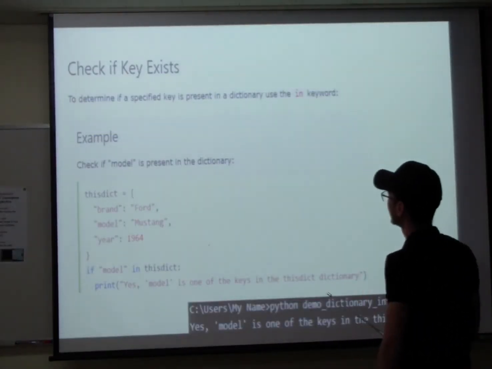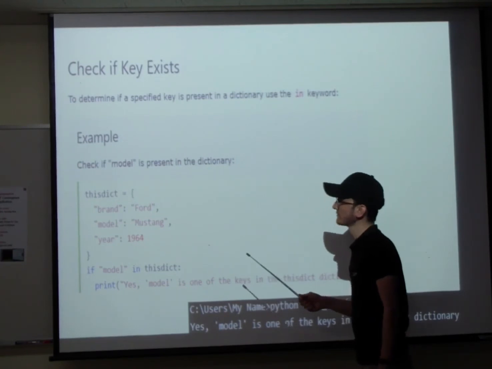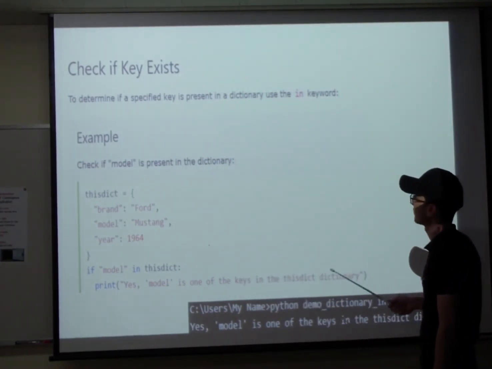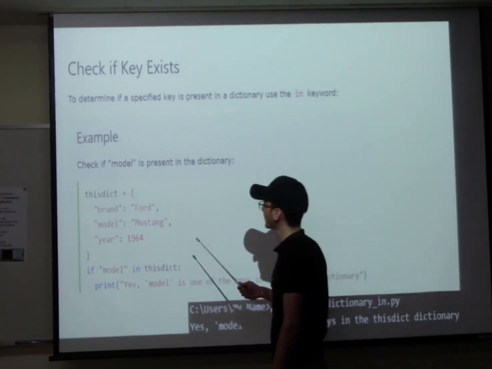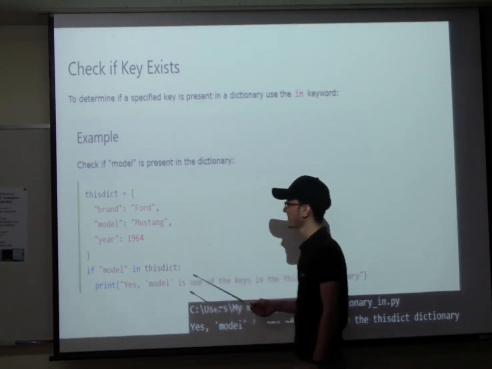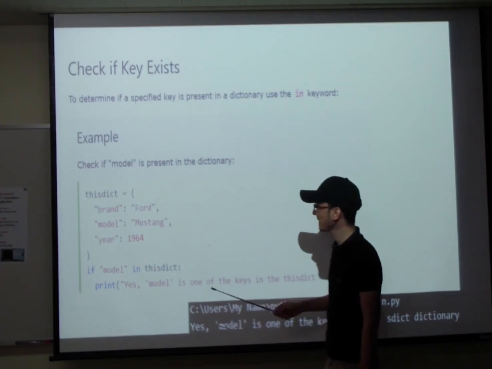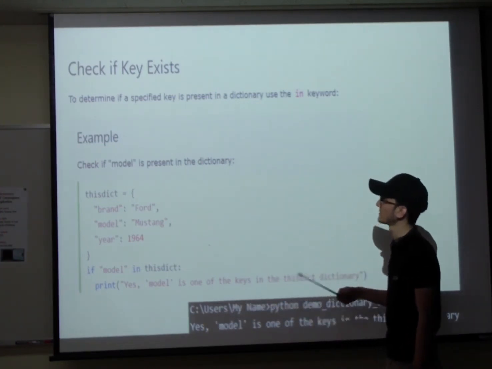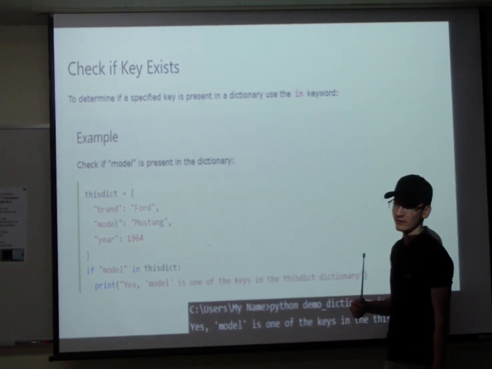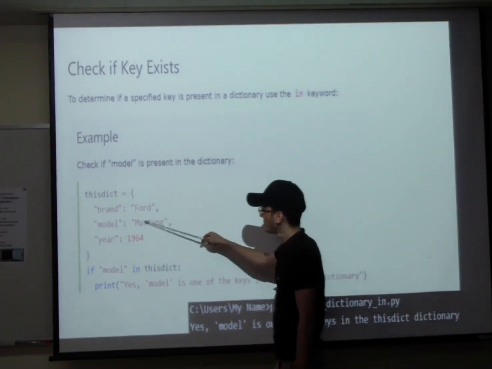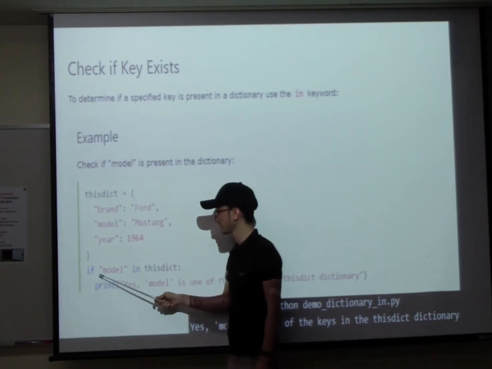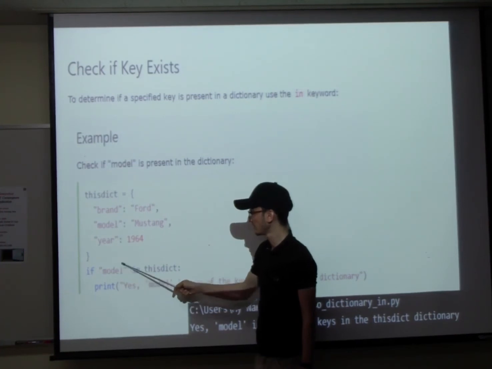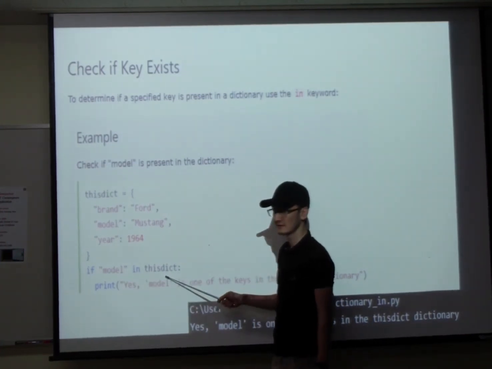So, check if the key exists. To determine if the specified key is present in the dictionary, use the in keyword. Example: check if model is present in the dictionary. So by using the in keyword, we can check whether the specified key is present or not. So we have a dictionary here, and an if statement: model in this dict.